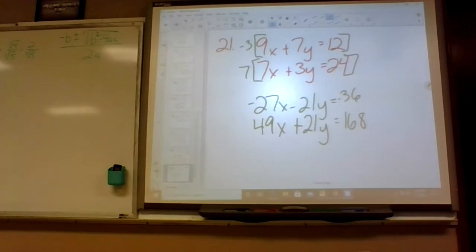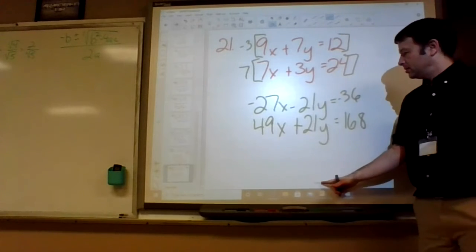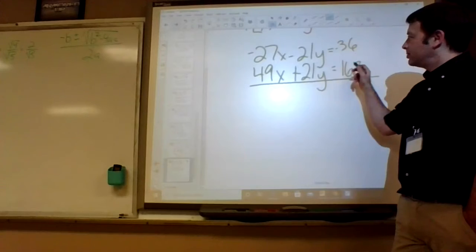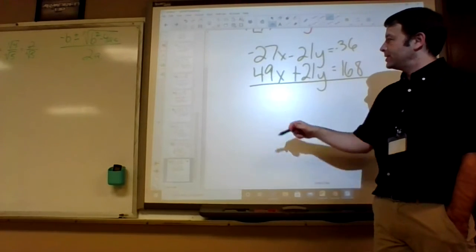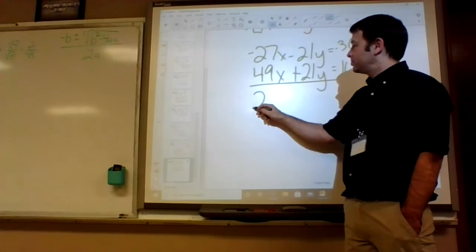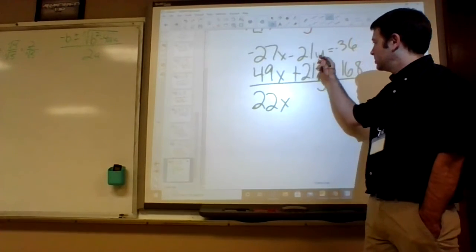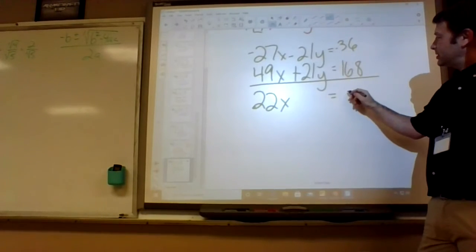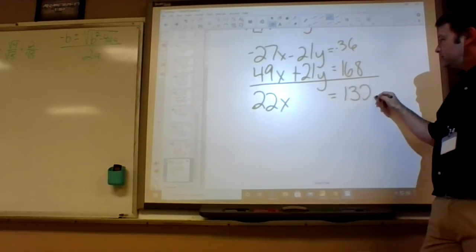Now I'm adding the lines together. So what is negative 27 plus 49? It's kind of like 49 minus 27, 22. Those are gone. 168 minus 36 is 132.